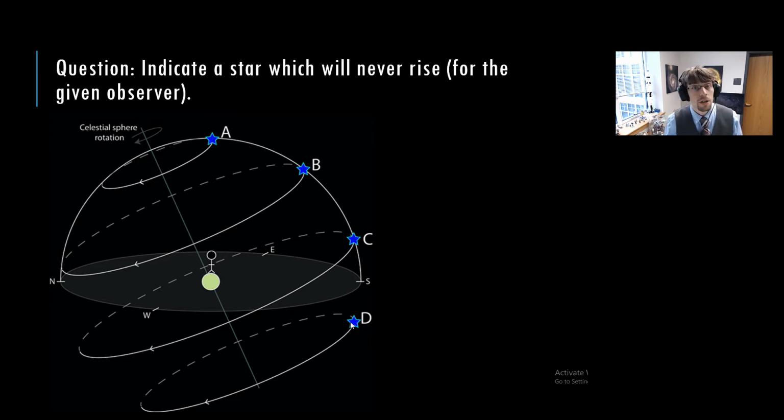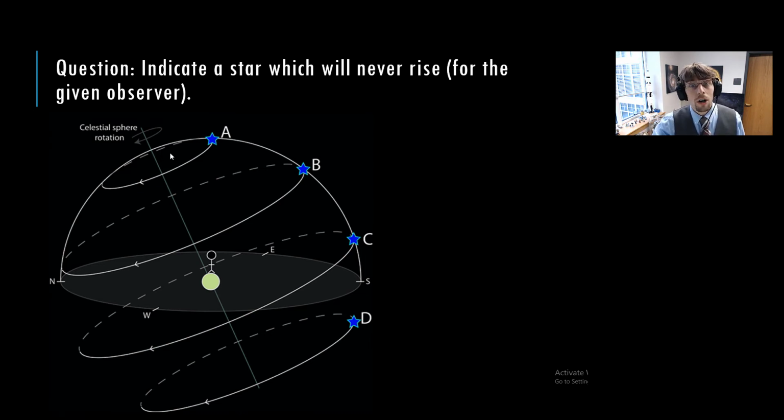There are some stars that never cross your horizon, and therefore you'll never see them. The upshot is there are some stars that never cross the horizon, and you should always be able to see them. So the trade-off is there are some stars you'll never get to see, but there are stars that you'll always get to see.